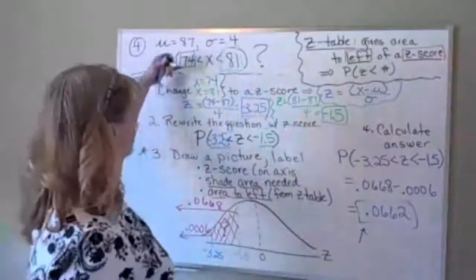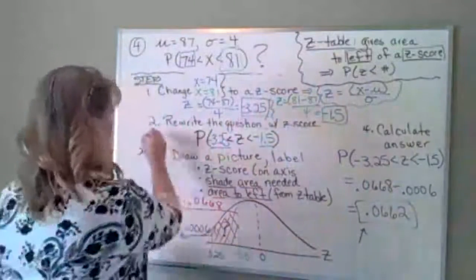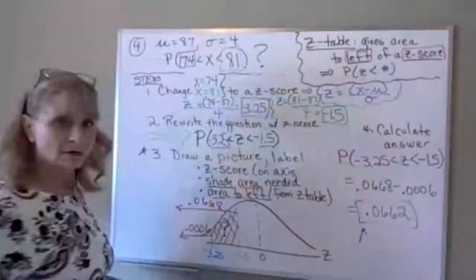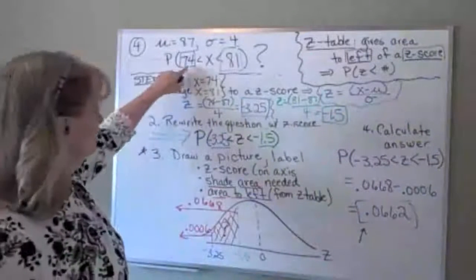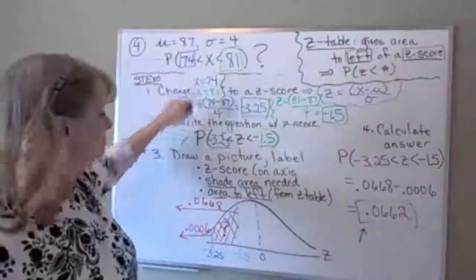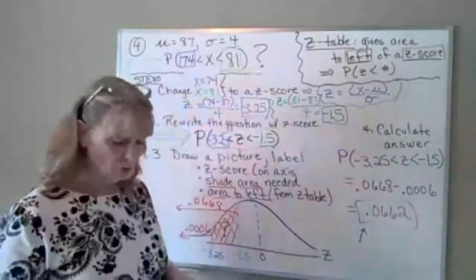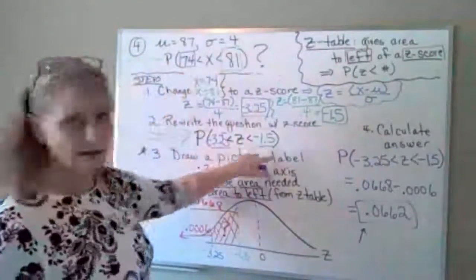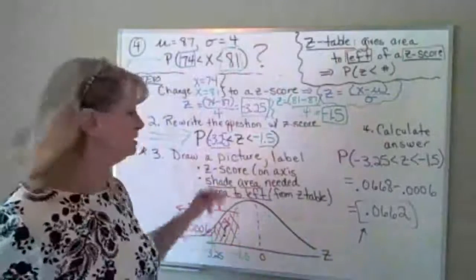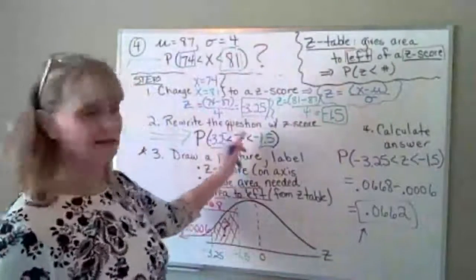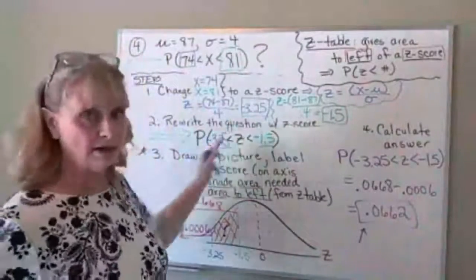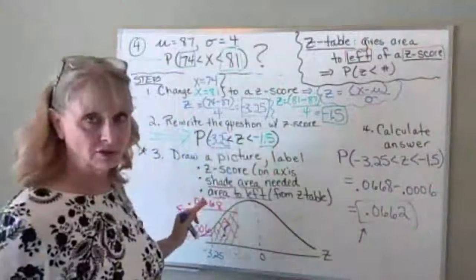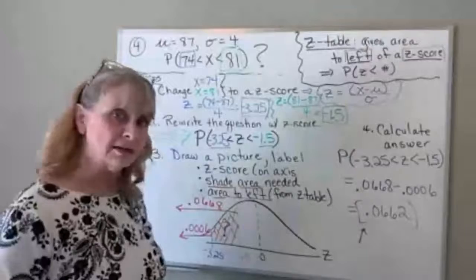So all I did was rewrite the problem, replacing the data values with their z-scores. Now it's not x's between those 2 numbers. Now the question is, what's the probability that a z-score is between these 2 numbers? And that puts me in a position to use the table.